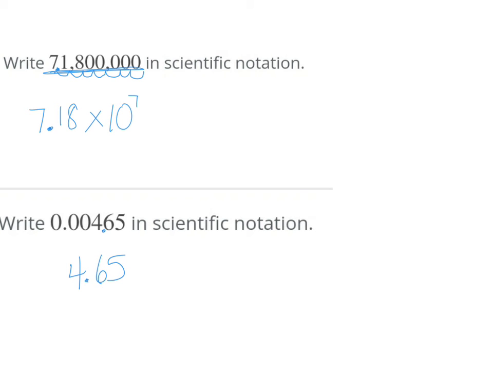That would fall between 1 and 10. All right, times 10 to the, now let's look at this. If I put my decimal here between the 4 and the 6, to get it where it needs to go, it has to go left 1, 2, 3 places to the left. That means I'm going to put in a negative 3 for my exponent. There's your answer.